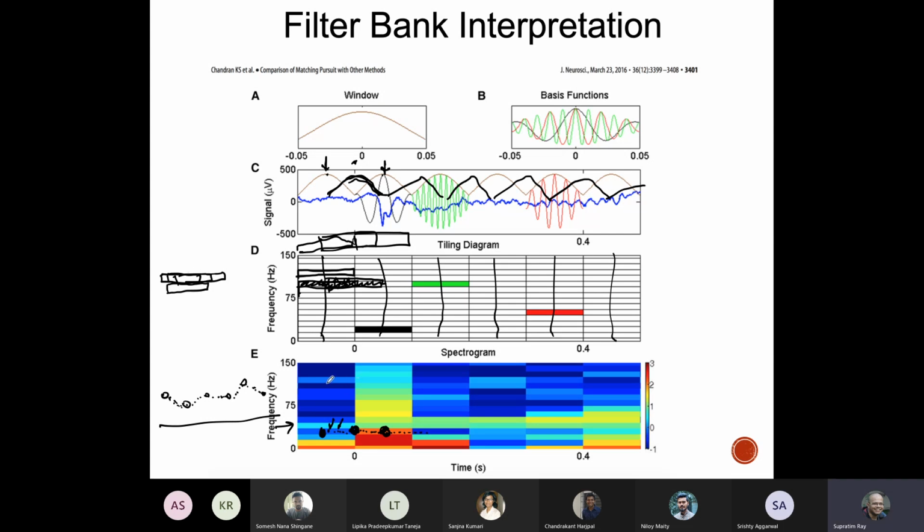When you're computing short time Fourier transform with a very large overlap, you are generating more tiles. So it is also a form of overcomplete representation that I'm going to talk about. But you're not reducing the size of the tile. That you cannot do.